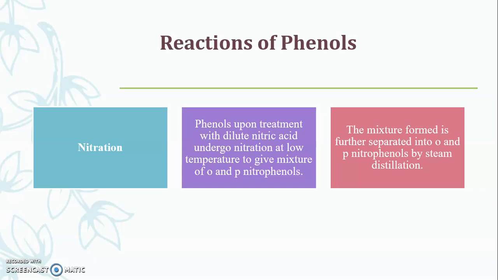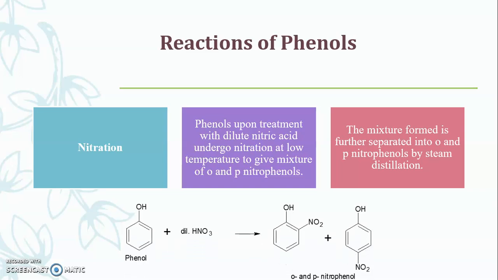Now the phenol, when reacted with dilute nitric acid, will be converted into a mixture of ortho and para nitrophenol. This mixture can be easily separated into the ortho as well as the para nitrophenol by using steam distillation. You can see the reaction for this nitration. Phenol, when reacted with dilute HNO3, will form a mixture of ortho and para nitrophenol.